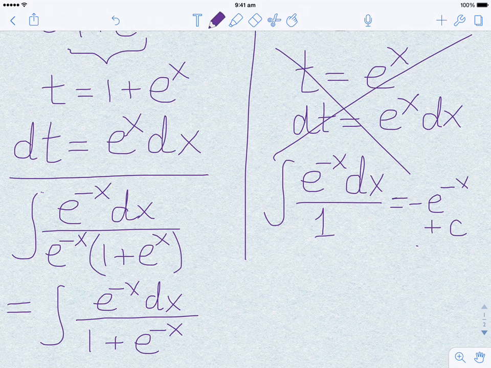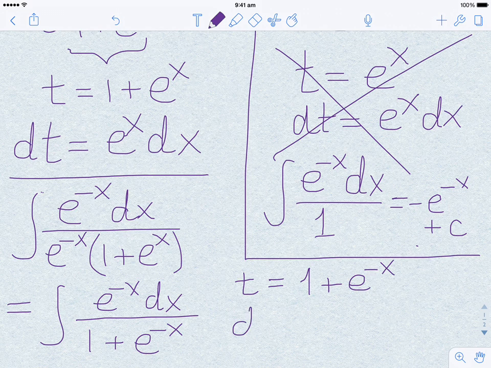Now we again try the same substitution. We substitute t is equal to 1 plus e to the power minus x, and now voila, we have dt is equal to minus e to the power minus x dx, which is exactly what we have here.